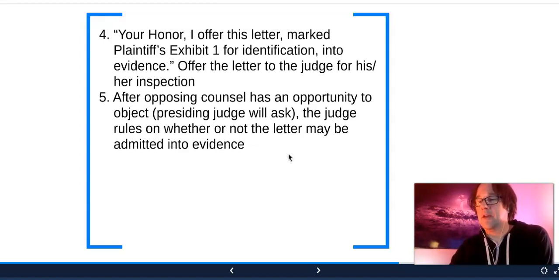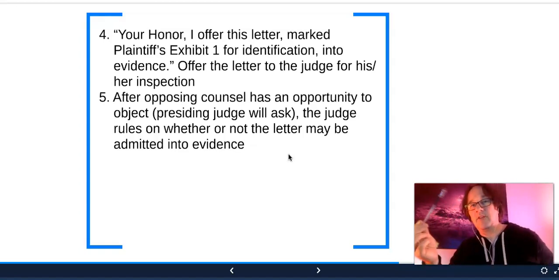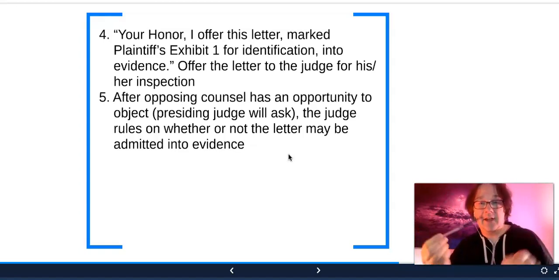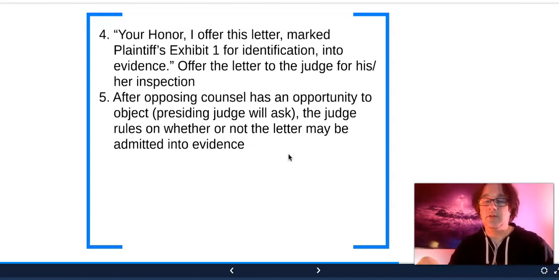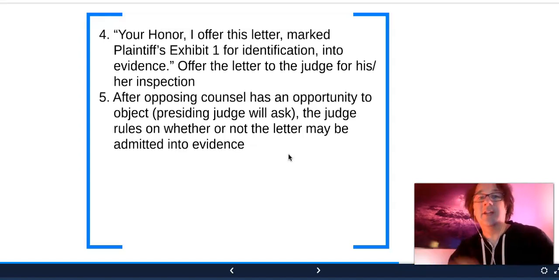So if this were a knife, you might ask the officer who found the knife at the crime scene and who bagged the knife at the crime scene. You might ask them, what is this thing, right? They'll tell you what it is, and go through this spiel. You say, "Your Honor, I would like to submit this into evidence."